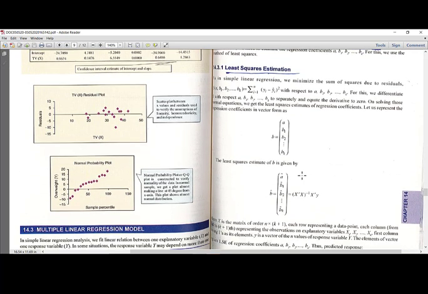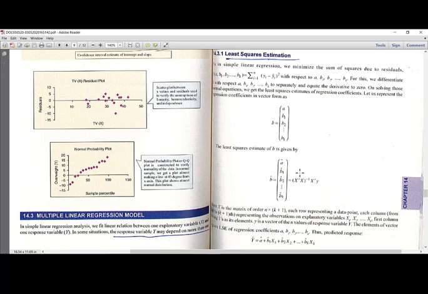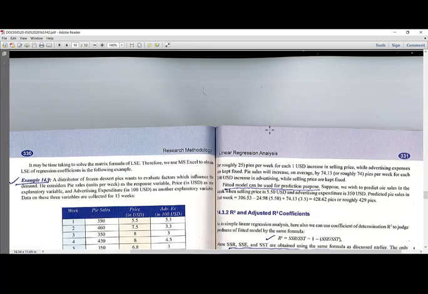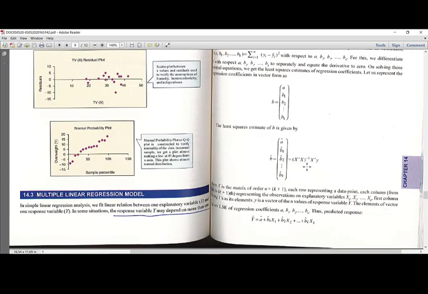A procedure similar to what we discussed in the simple linear regression model is carried out here. Finally, the predicted response is written like this: Y cap equal to A cap plus B1 cap x1 plus B2 cap x2 plus etc. plus Bk cap xk.